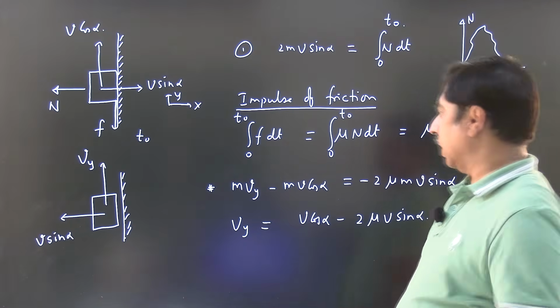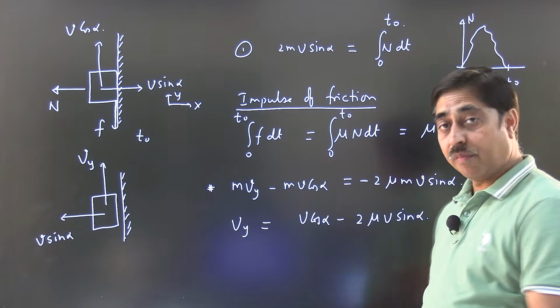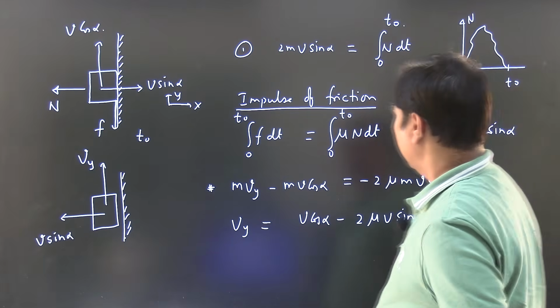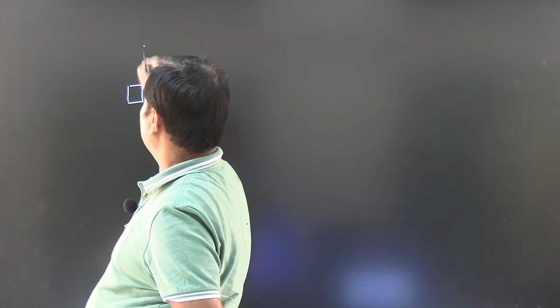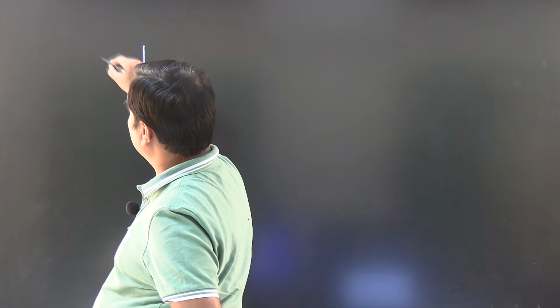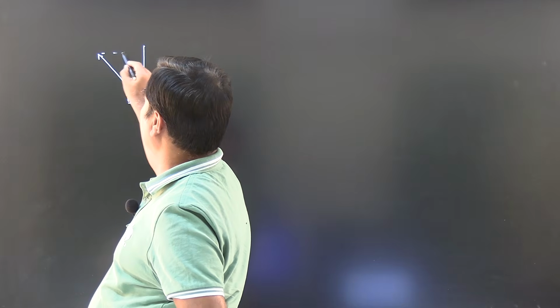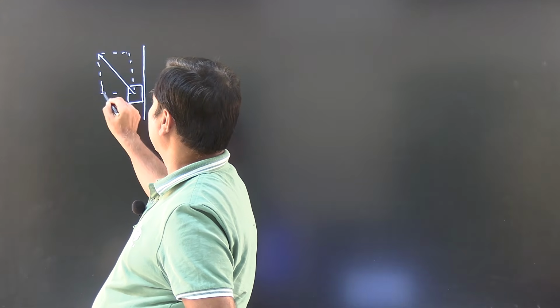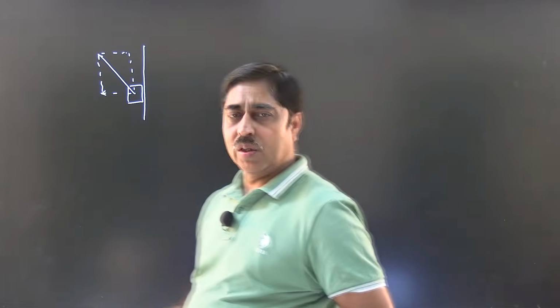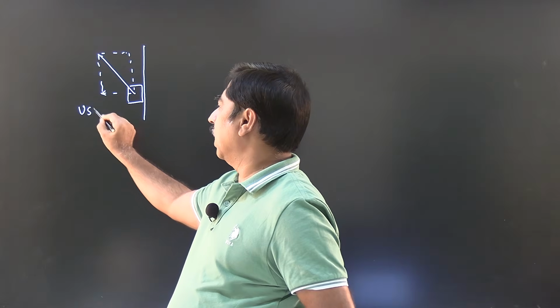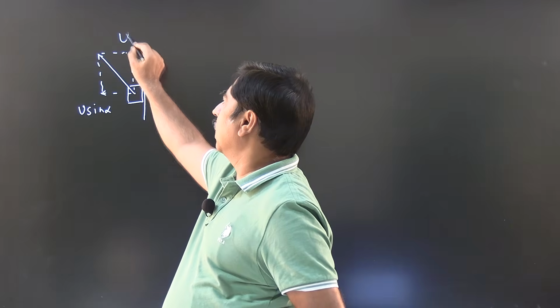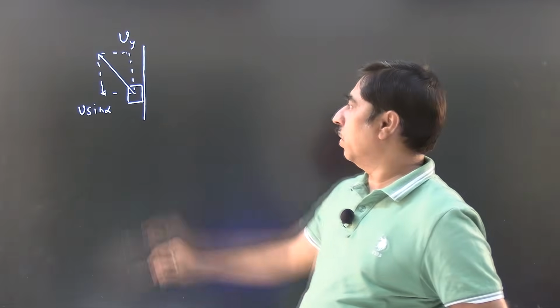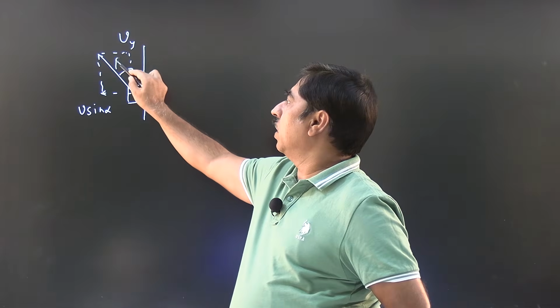So, the question is asking you to find beta. What is that beta? Beta is the angle that the velocity of the cube makes after collision with the ball. So, in this direction, velocity of the cube is V sin alpha. In this direction, it is Vy that we have calculated, and we are supposed to calculate this angle.